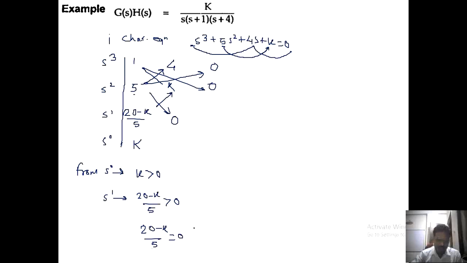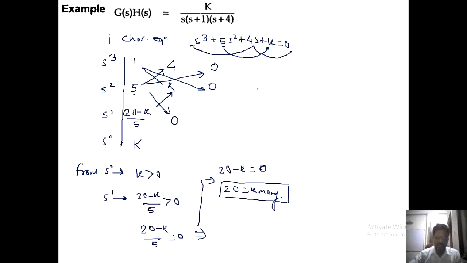So 20 minus k equal to 0, so 20 equals k, so the marginal value of k is 20. Clear?